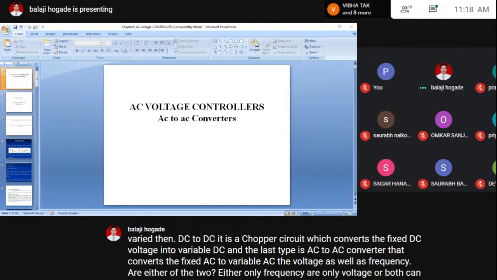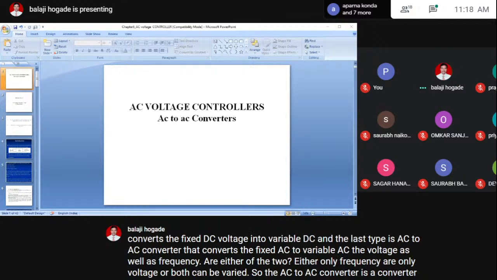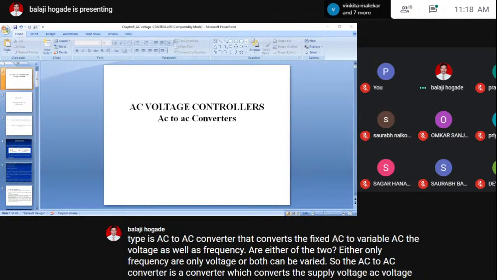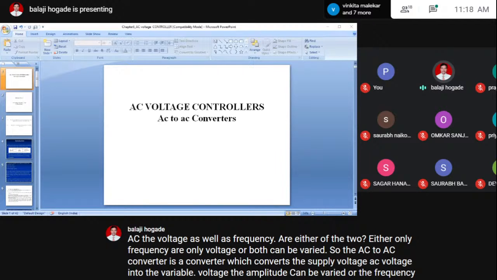The amplitude can be varied, or the frequency can be varied, or both can be simultaneously varied.